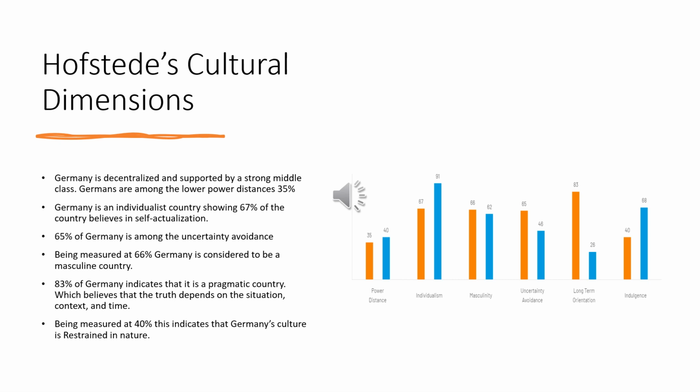This means the way that society deals with the fact that the future can never be known: should we try to control the future or just let it happen? The data shows that 65% of Germany is among the uncertainty avoidance, which means there's a strong preference for deductive rather than inductive approaches.